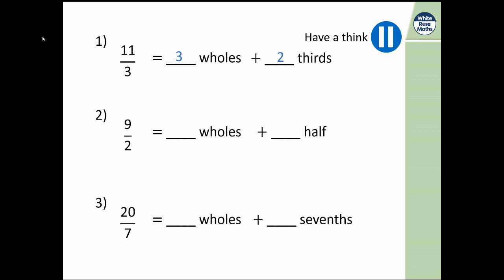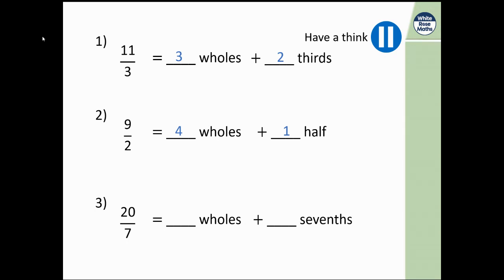Sorry, 4 times 2 is 8. So there are 4 wholes. But how many halves does that leave us? So 8 to 9, 1 more is a half. So 4 wholes and 1 half. 4 and a half is 9 halves.